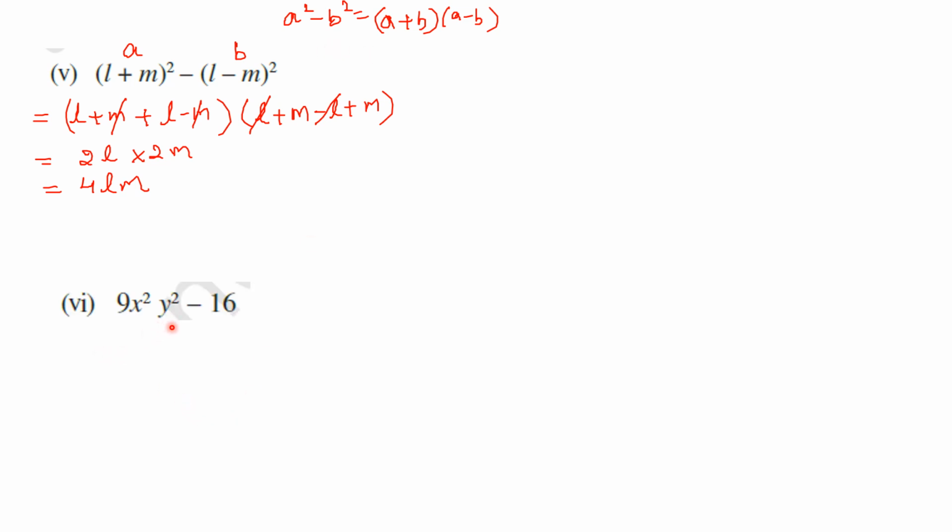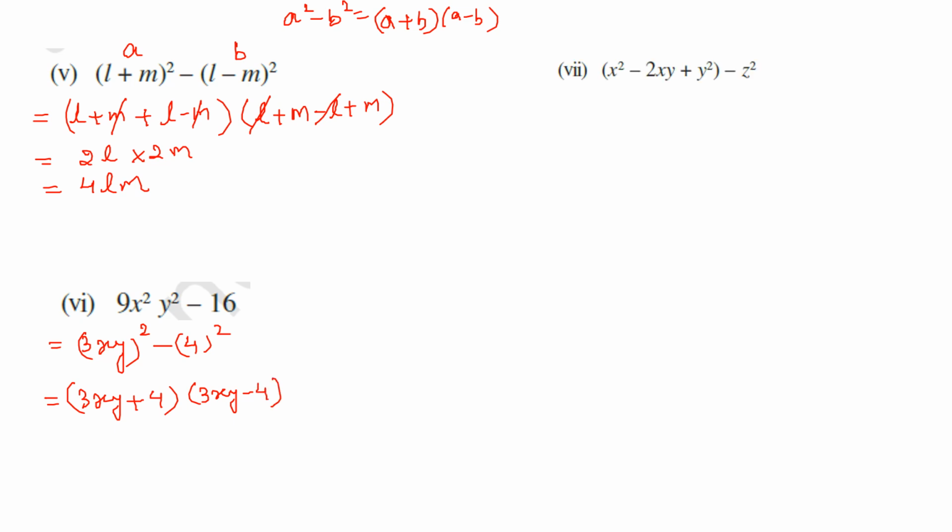Next, 9x square y square minus 16. So 9x square y square, I can write it as 3xy whole square, and 16 is the square of 4. So again it is in the form of A square minus B square. So A plus B, A minus B. So 3xy plus 4 and 3xy minus 4. Next one, x square minus 2xy plus y square minus z square.